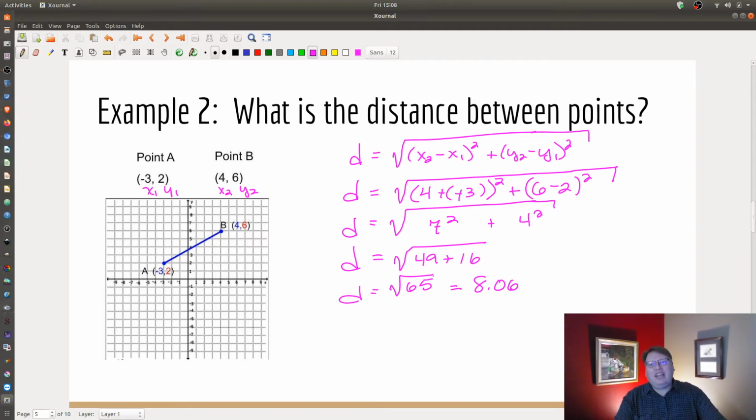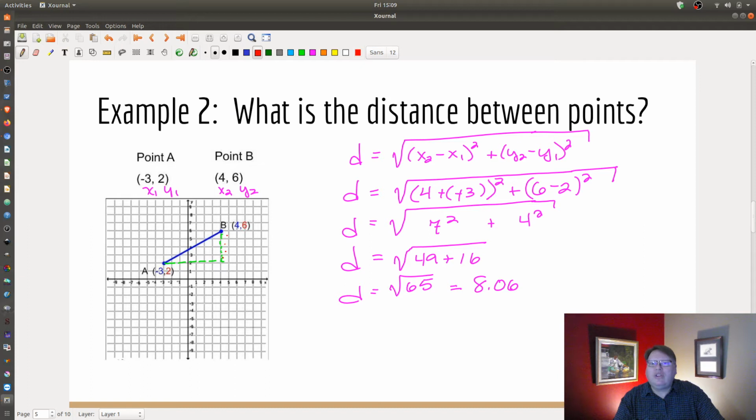Okay. Now, again, can I count this? Yes, you can. I can draw my right triangle if I can find, there it is. It's hard to see my cursor on here. So if I draw my right triangle there, I hope you can see that.